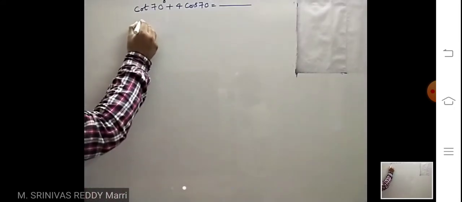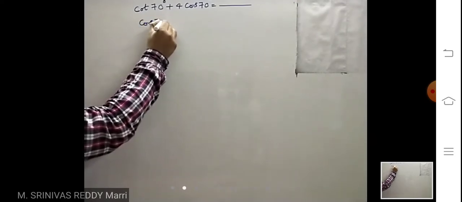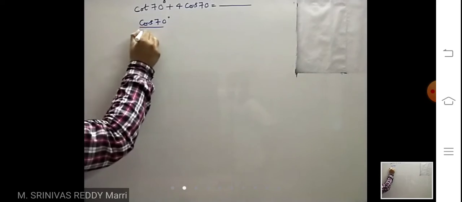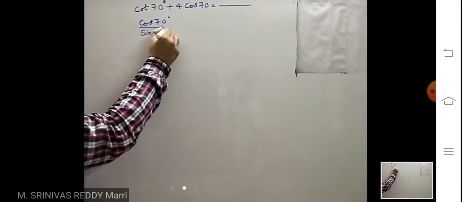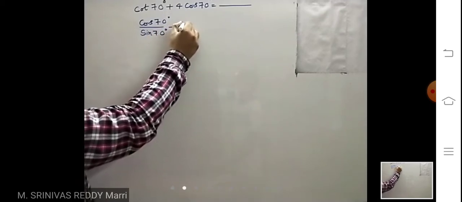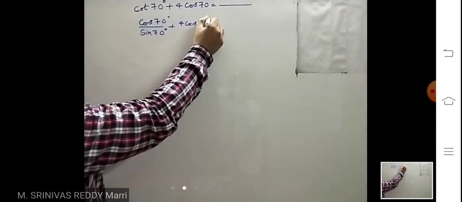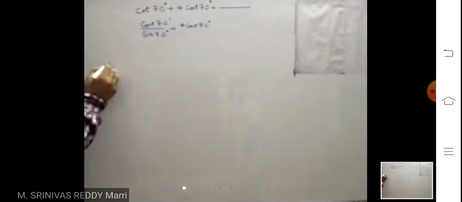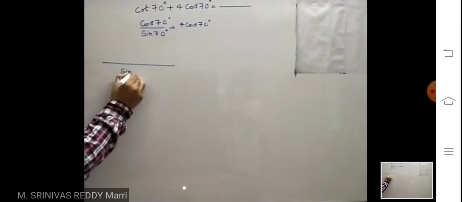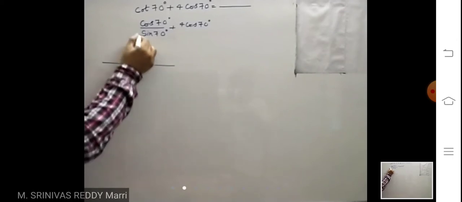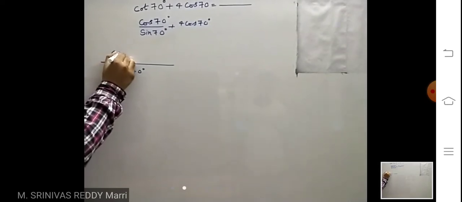So cot 70 degree, this I will convert into cos and sine. Look at cos by sine plus 4 cos 70 degree. Now I am taking the LCM. Sine 70 is the LCM. You will get here cos 70 degree plus 4 cos 70 degree sine 70 degree.